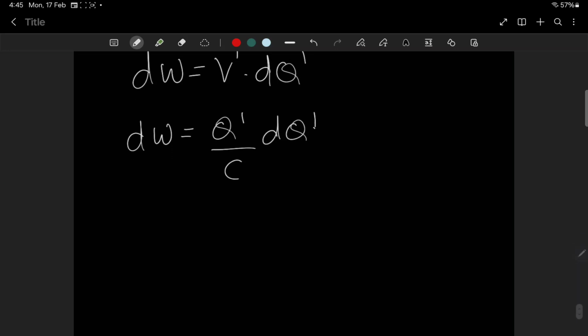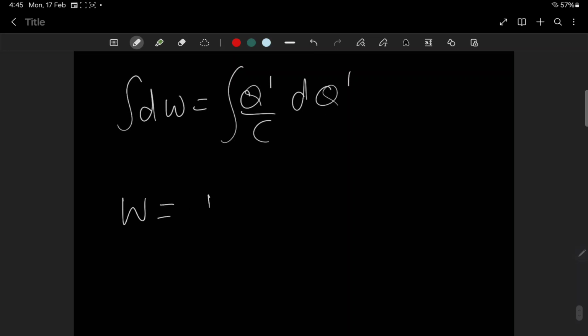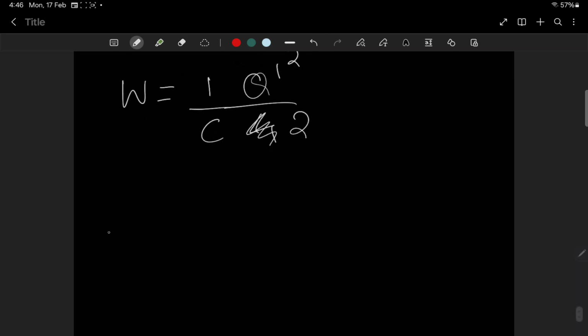Now integrate. W is equal to 1 by C integral of Q dash dq dash, which gives Q dash square by 2. Therefore work done is equal to 1 by 2 Q dash square by C.